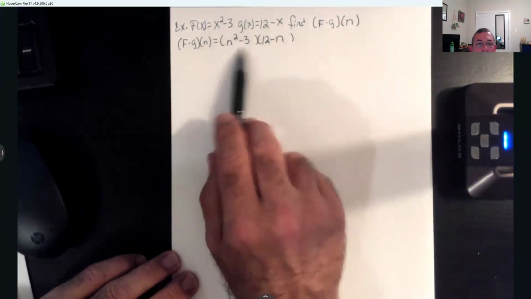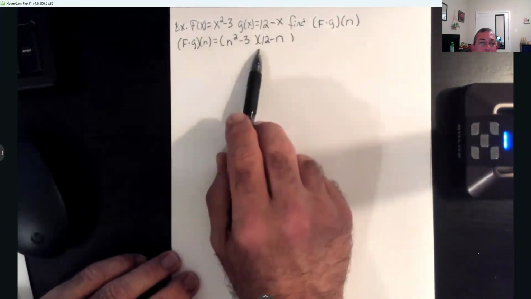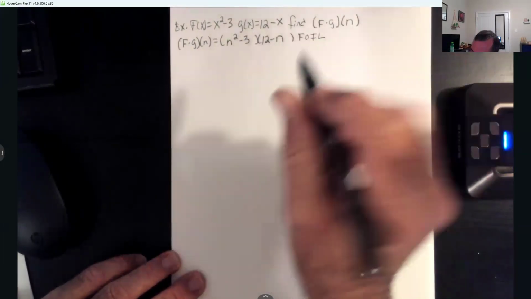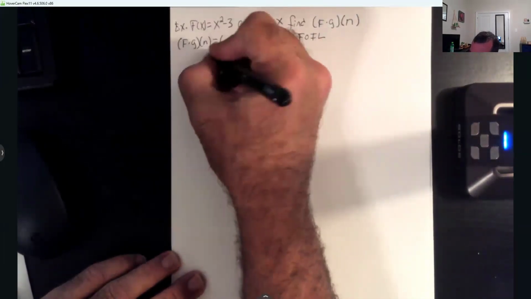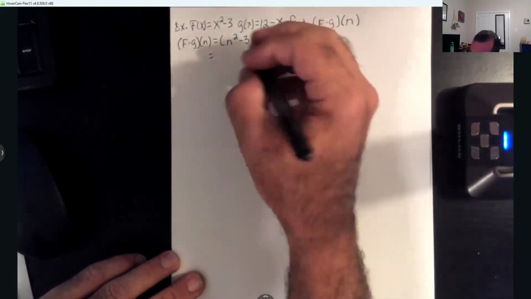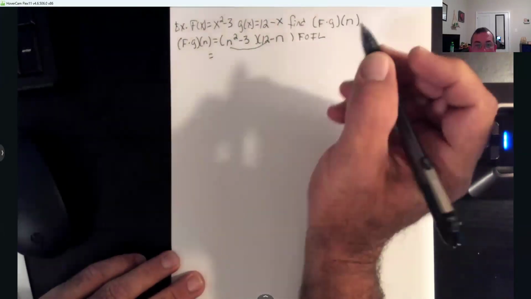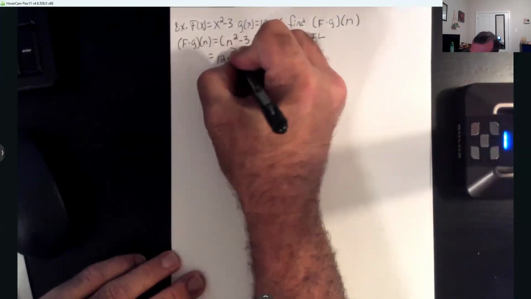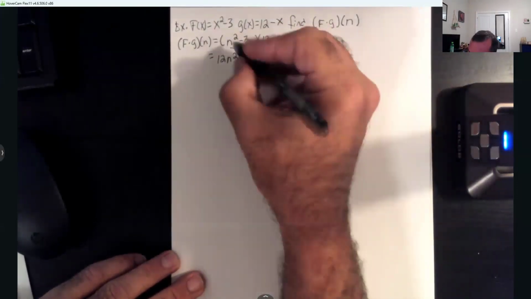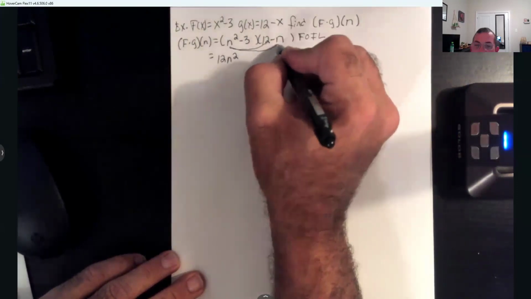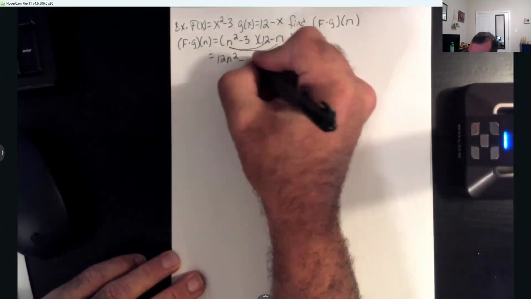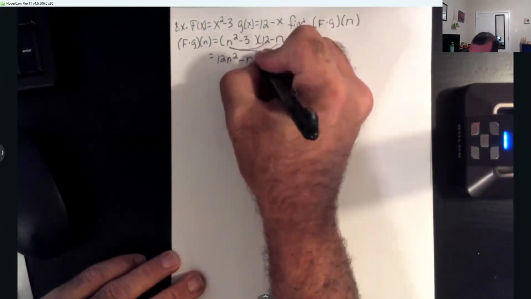All right, y'all look at that. Looks like we're going to do some foiling here because we're multiplying on this one. So I'm going to take the n squared times 12. That's going to give me 12n squared. We'll take that n squared times that negative n. That's going to give us a negative n to the third.